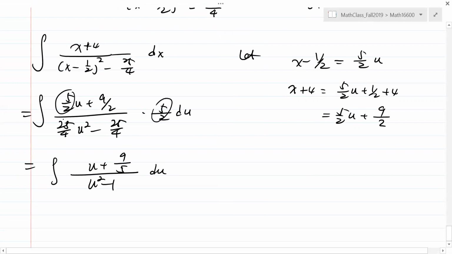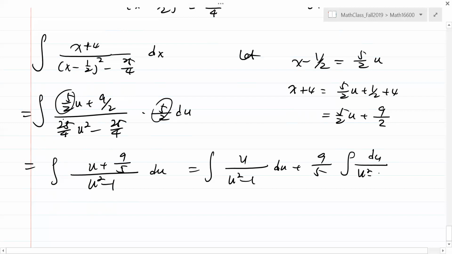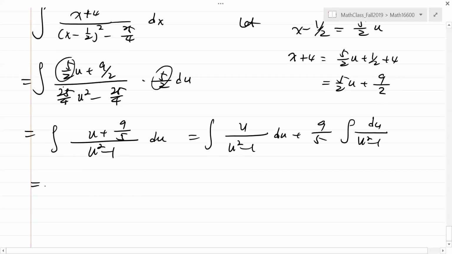Then you separate the integral into two parts. For the second one, you have a formula. For the first one, you use another substitution. If you let w be u squared minus 1, and dw equals 2u du, so I need 1/2 dw over w.